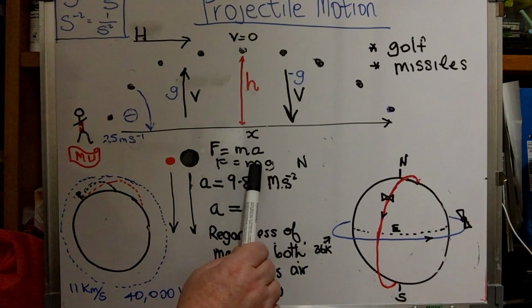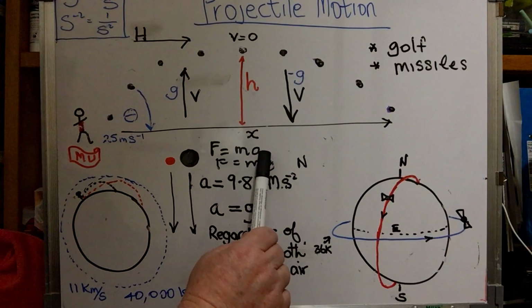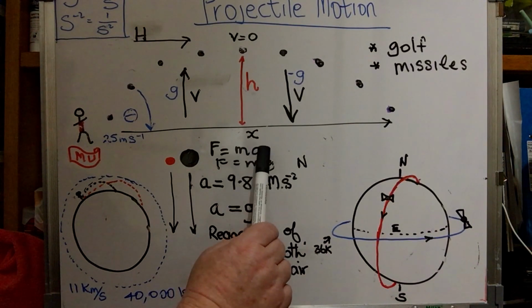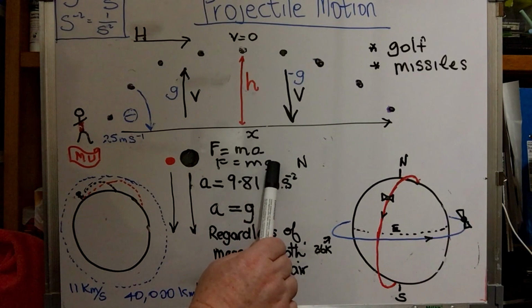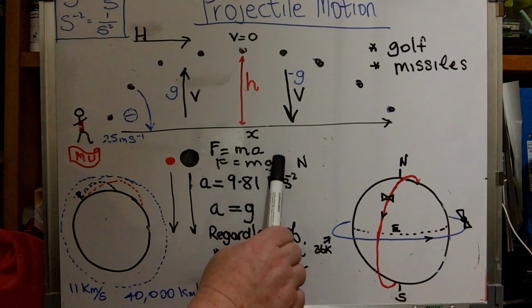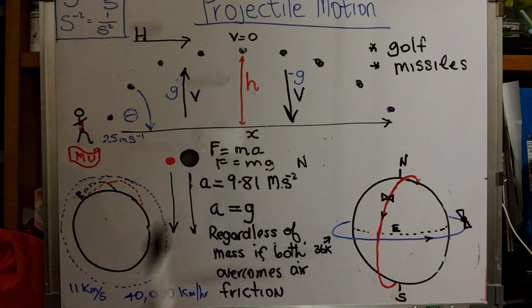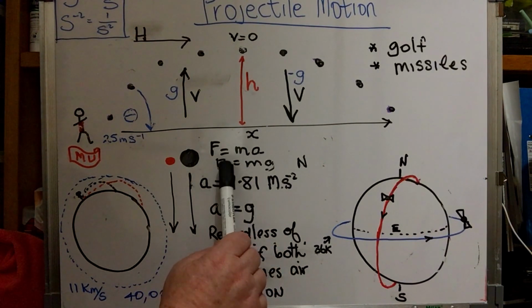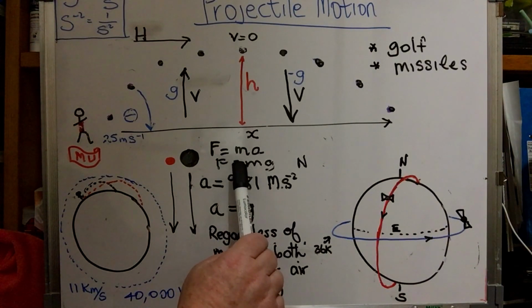Gravity is acceleration. Mass times acceleration gives you a force. Mass times gravity gives you a force. So mass is an integral part of the force that's created by gravity. This is what's meant by gravity being a force.